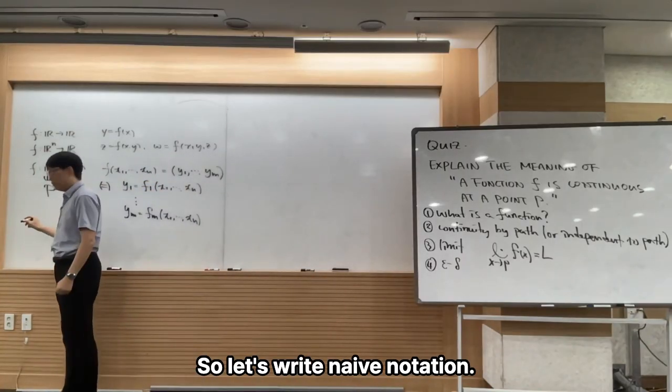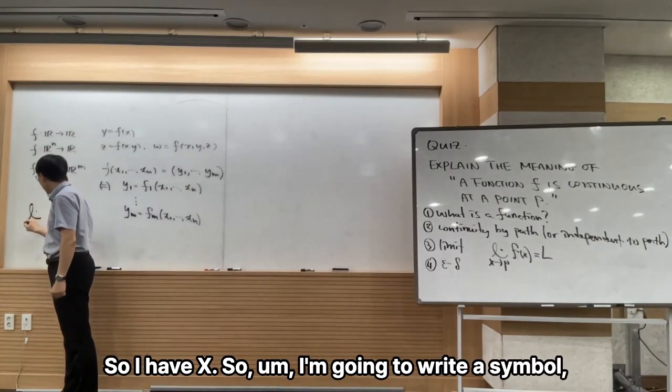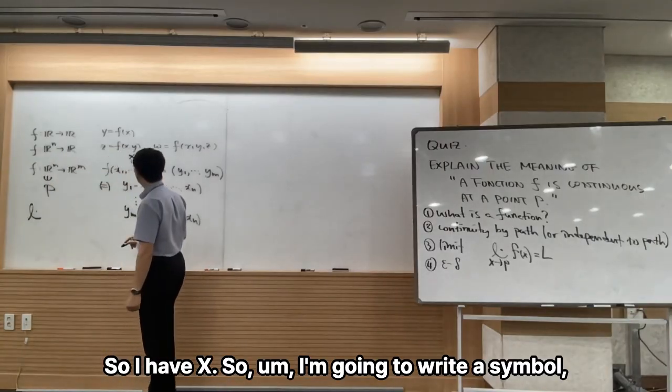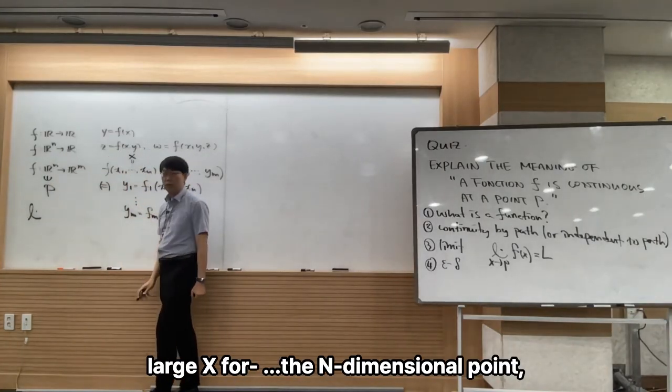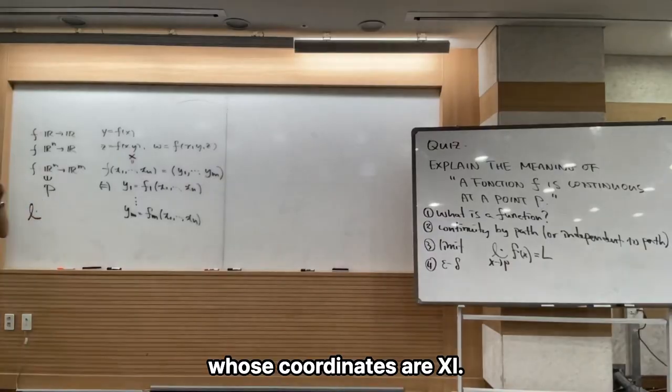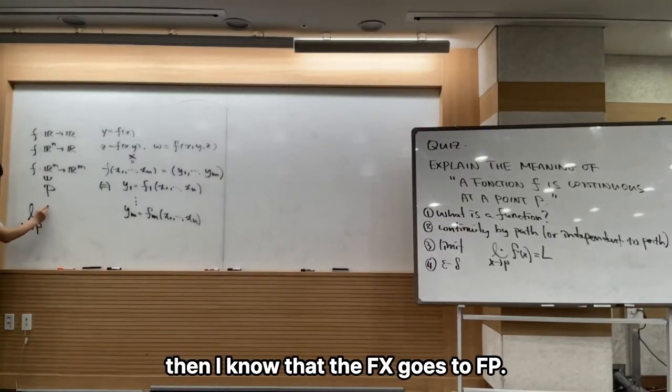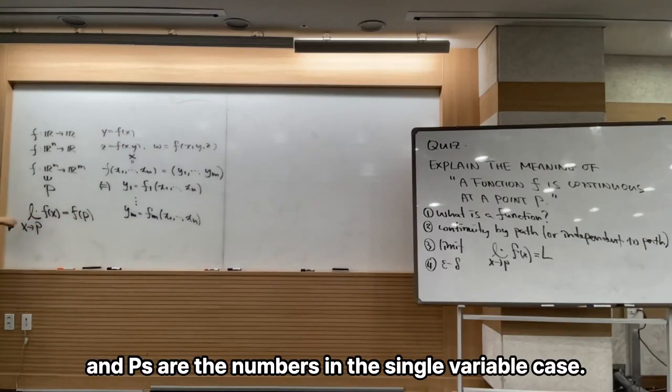So let's write naive notation. I'm going to write a large X for the n-dimensional point whose coordinates are xi. So if X goes to P, then I know that f(X) goes to f(P), as if the x and p were numbers in the single variable case.